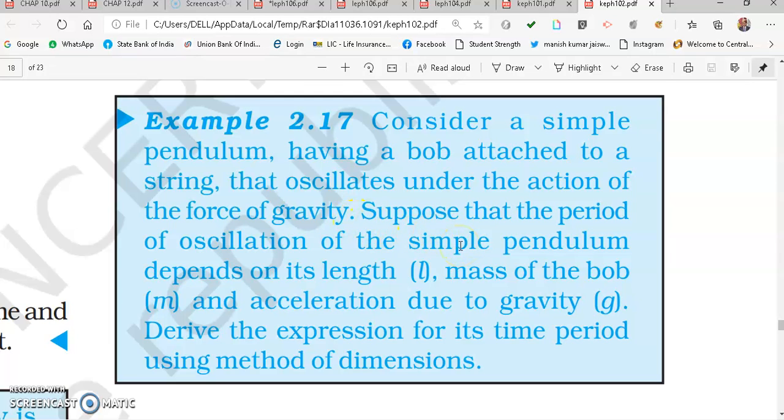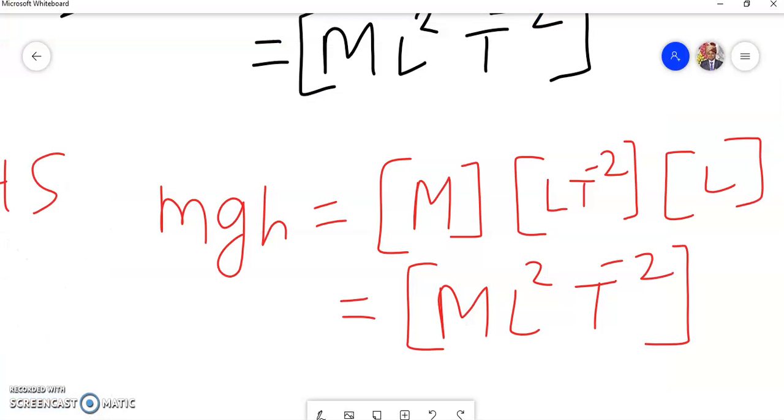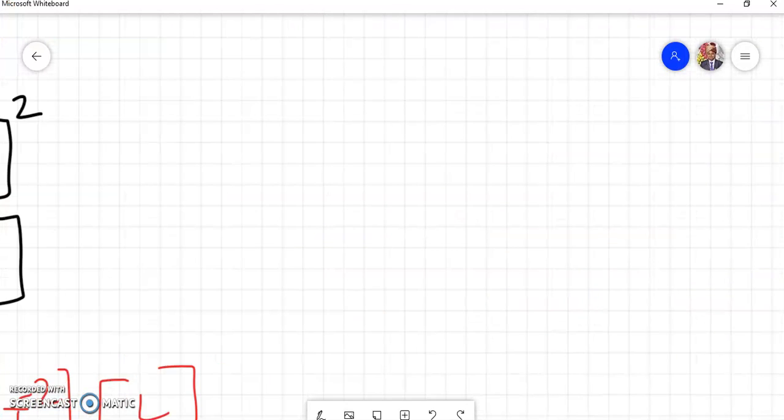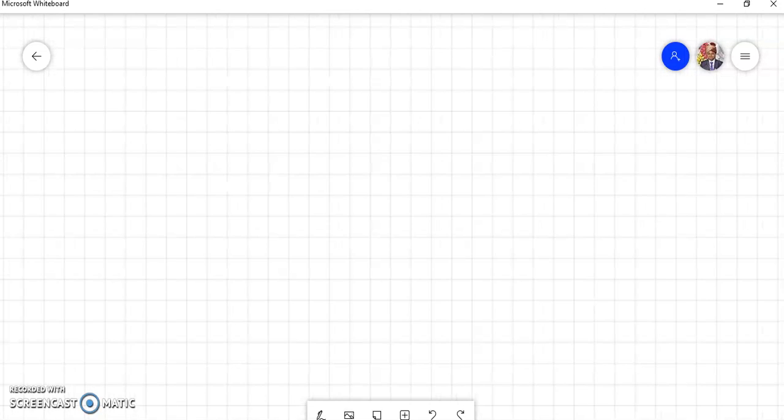Suppose that the period of oscillation of the simple pendulum is T, length is L, mass is m, and acceleration is g. So derive an expression for the time period using the method of dimensions.